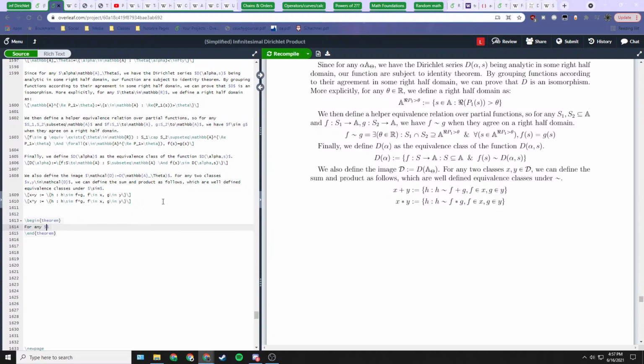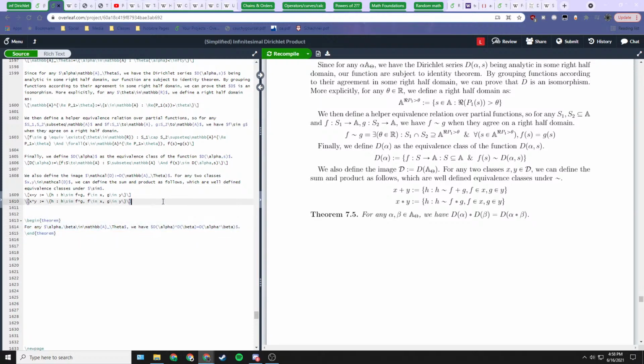For any alpha, beta in A sub theta, we have D of alpha times D of beta equaling D of alpha times beta. So this is one.